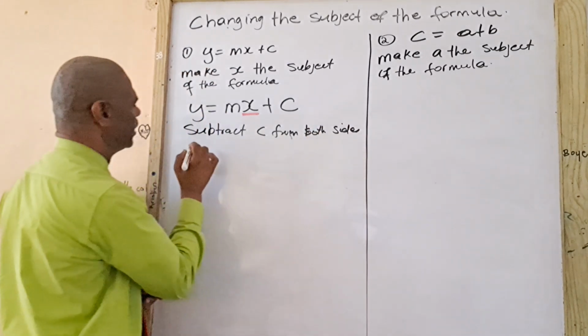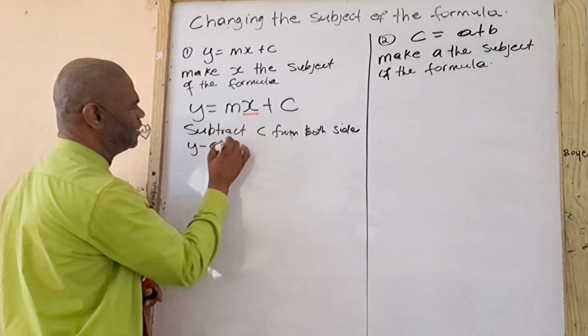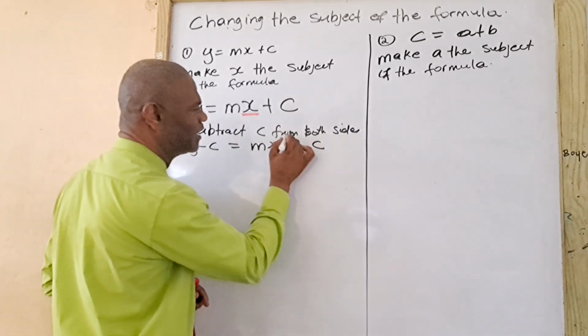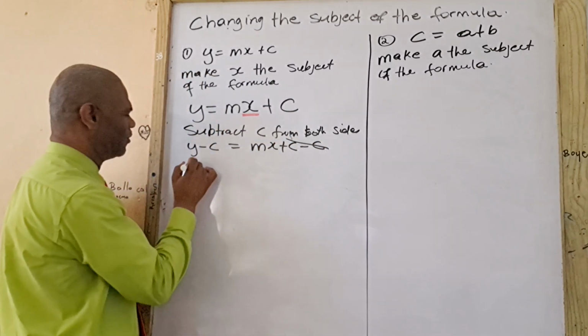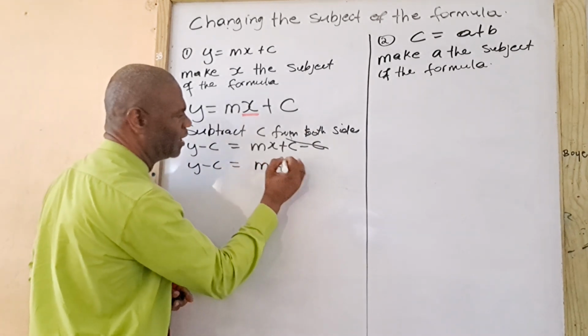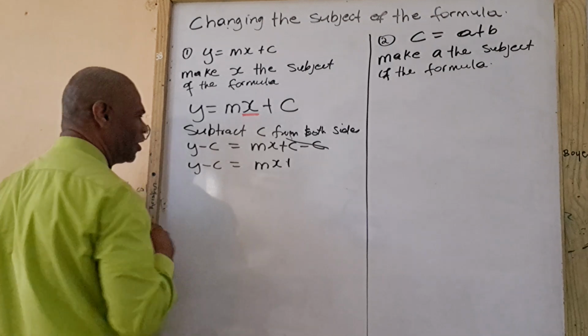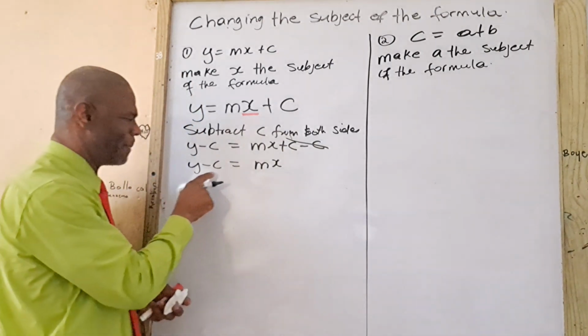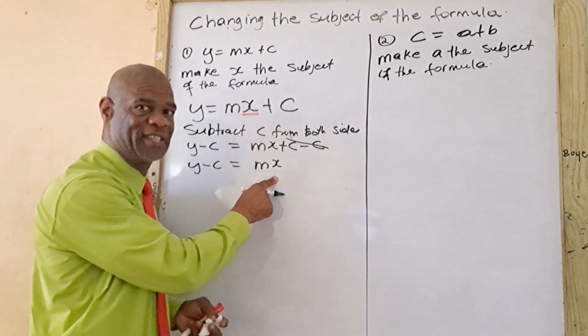We now have y minus c equals mx plus c minus c. The c's cancel, so we are left with y minus c equals mx.